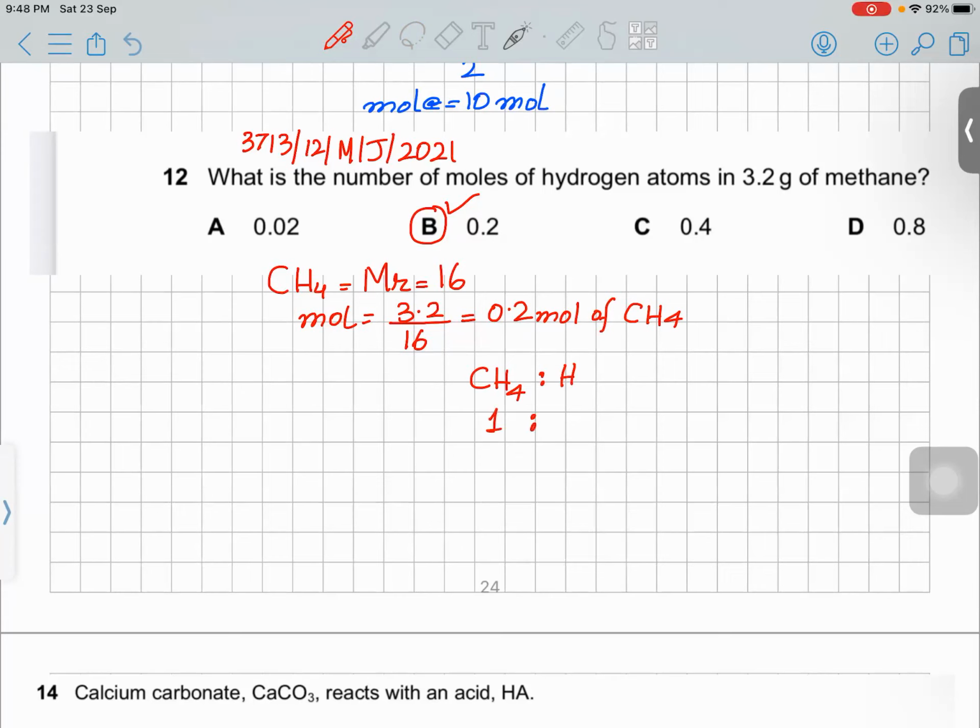How many hydrogens are there in CH4? Sir, 1:4. So if CH4 is 0.2, you can easily find X mole of hydrogen. So 0.2 multiplied by 4, the answer is 0.8. So this is wrong. 0.8 is correct.